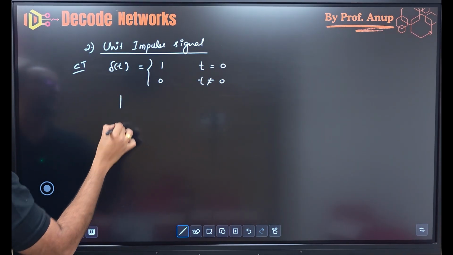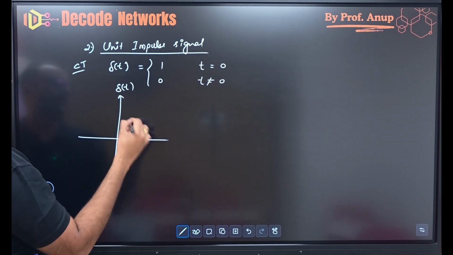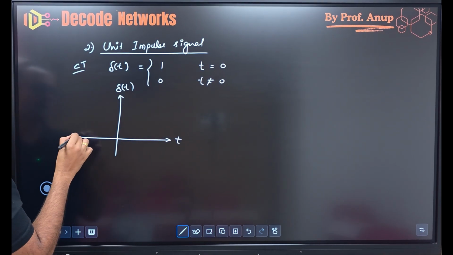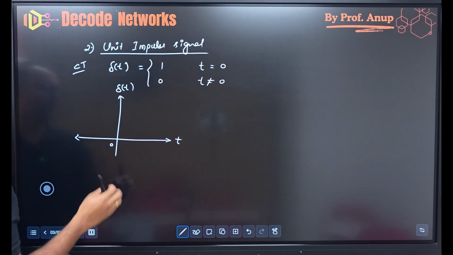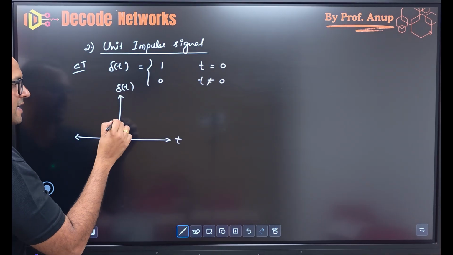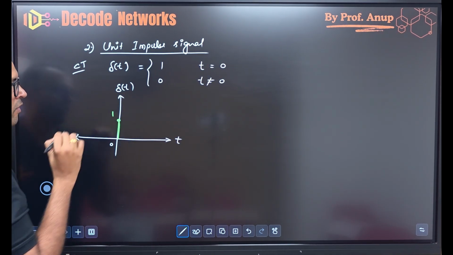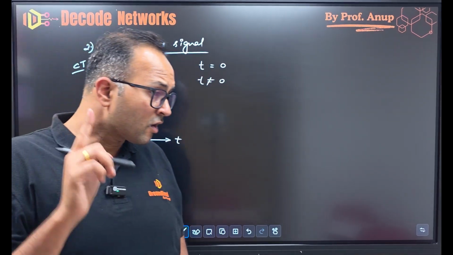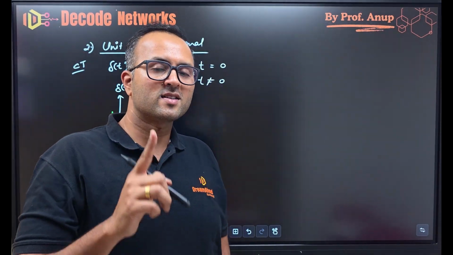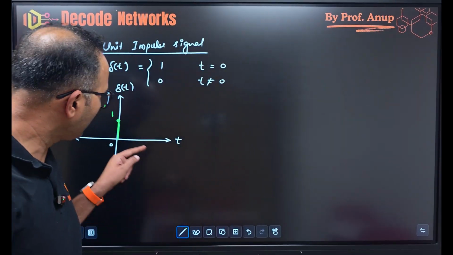Simple. So how to make this signal? Very simple. This is del of t. This is t, right? At 0, it is having amplitude of 1. That means, try to understand, in CT signal, you will just make a single line of 1. It is not a discrete version. As the signal is having amplitude of 1 only at 0, that's why we are making a straight line.